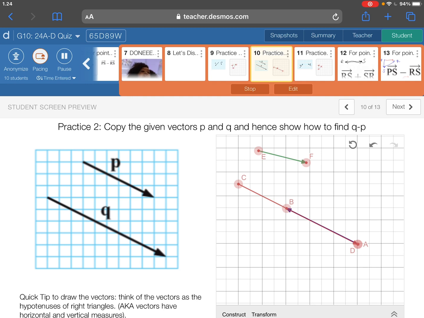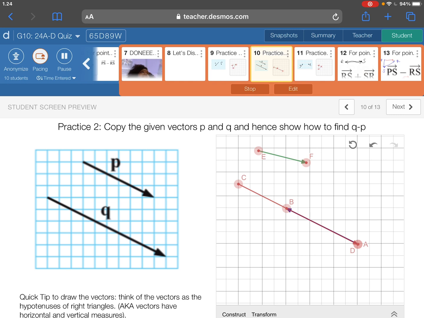As you can see, it overlaps, right? So P is vertically 3 units. Check. Horizontally, it is 1, 2, 3, 4, 5, 6 units. Okay, so what is our answer?